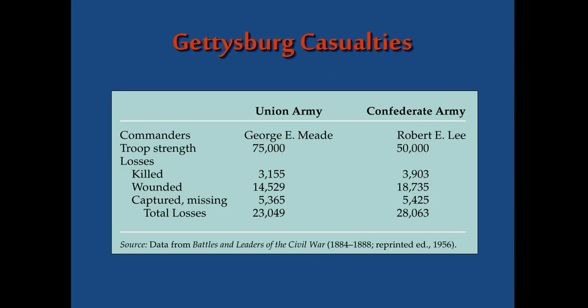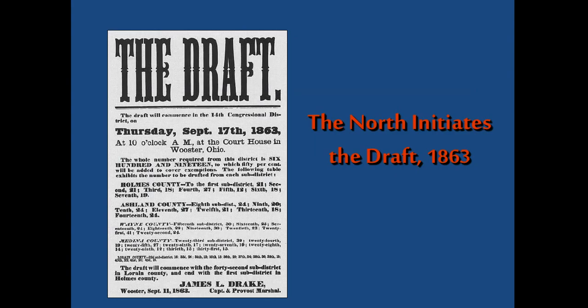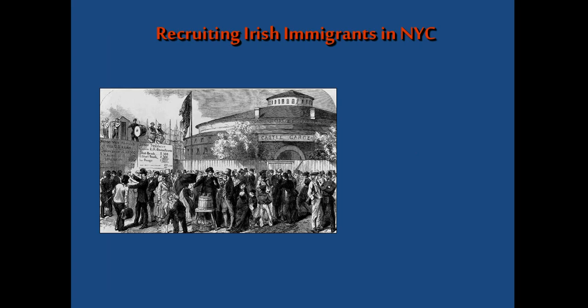This is where Robert E. Lee basically gets his clock cleaned, I guess you could say. And from then on, after 1863 up until 1864, it's going to be a dogfight for the South to even stay in the game. The North is going to start running out of men, and so they're initiating the draft in 1863, where you're forced to go fight in military service.